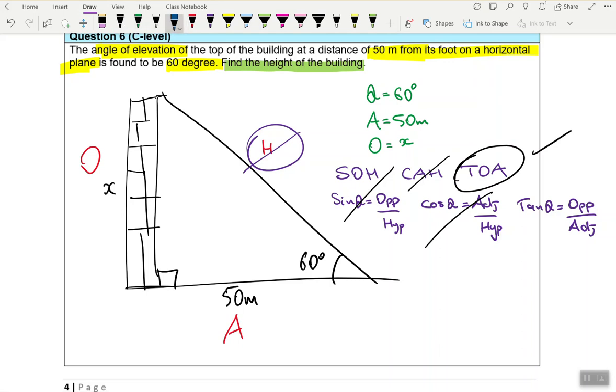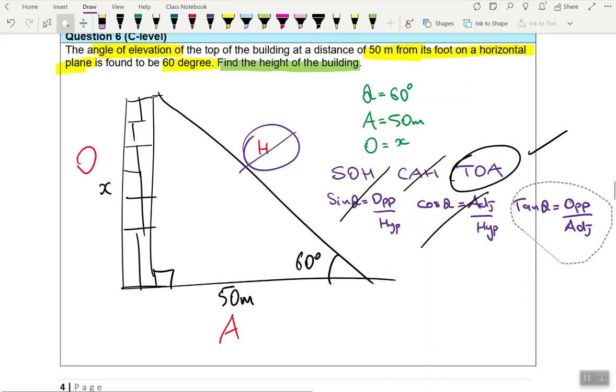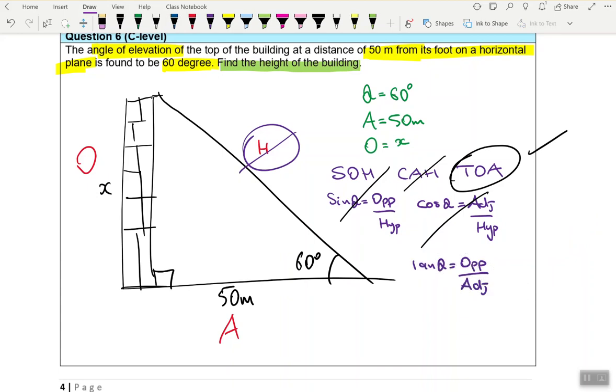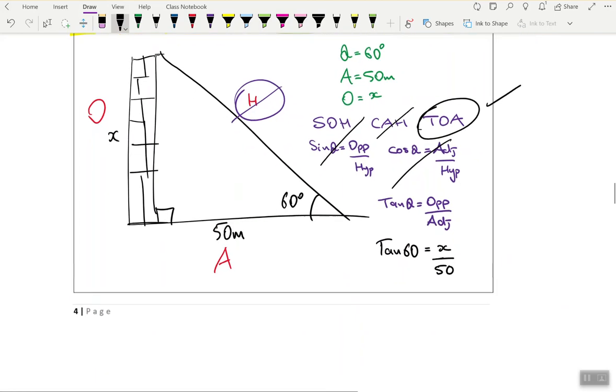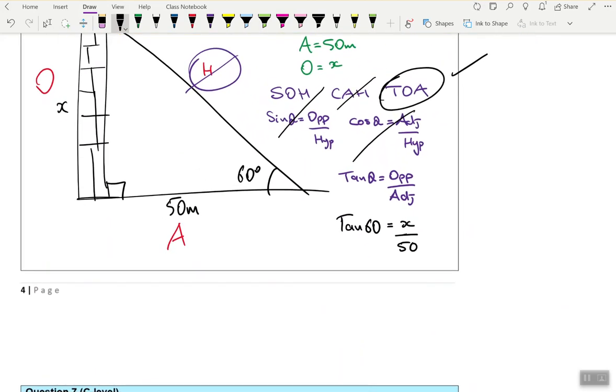We've already got tan theta is opposite over adjacent, and I will just fill in the values. So tan of 60 degrees is opposite, which is x, divided by 50. Now, if the variable is at the top, we always have to multiply. It's the same as saying we multiply 50 on both sides to get rid of this 50 here.